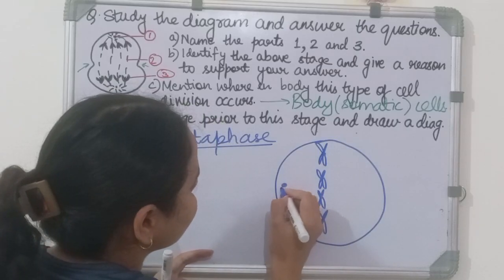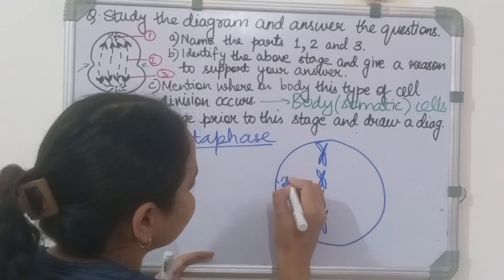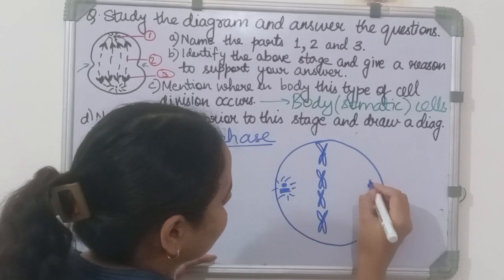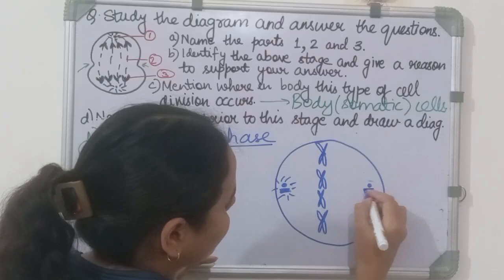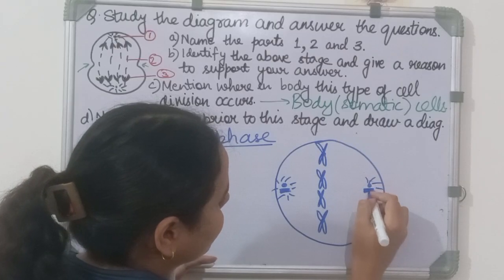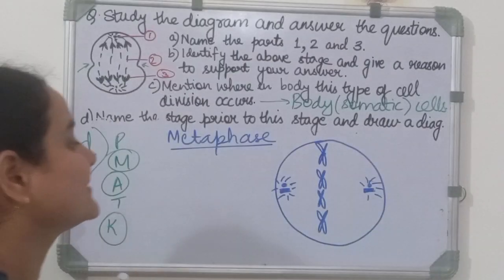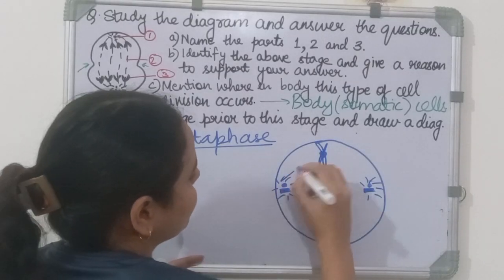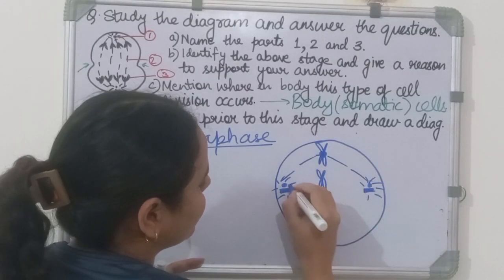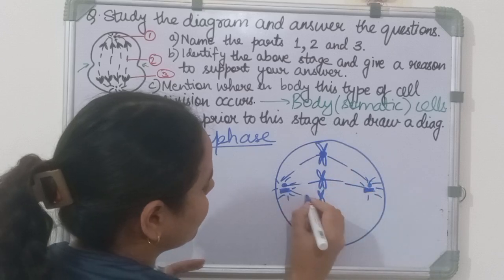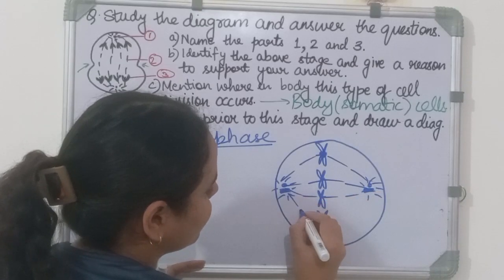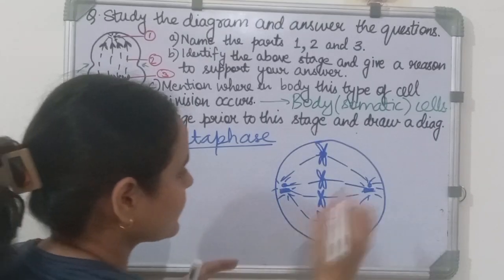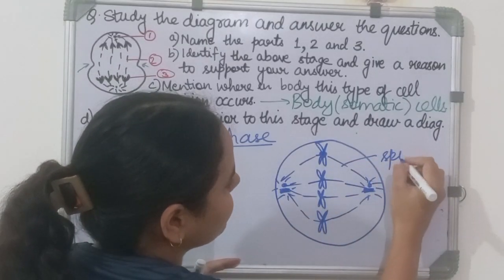And here centrosomes containing centrioles. These are the aster rays. Okay. Now let's connect the centromere with spindle fibers. Okay. Now let's do the labeling. So this is spindle fiber.